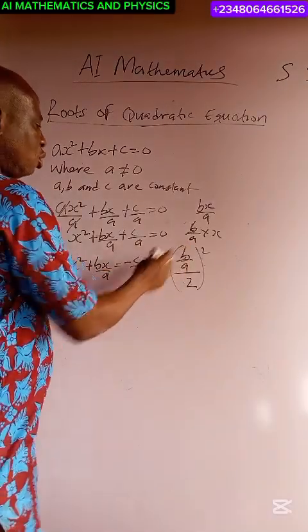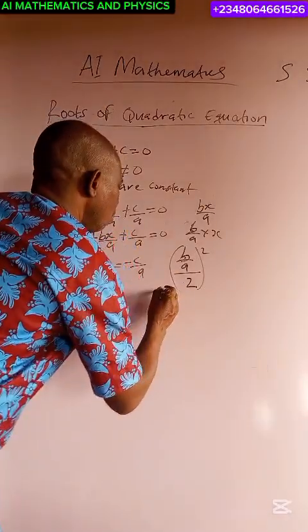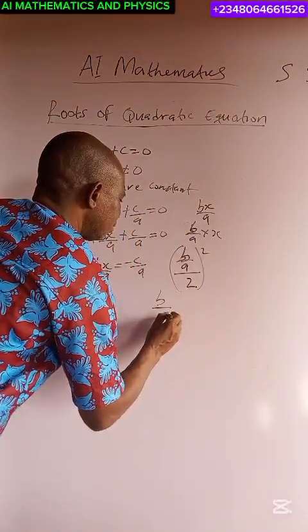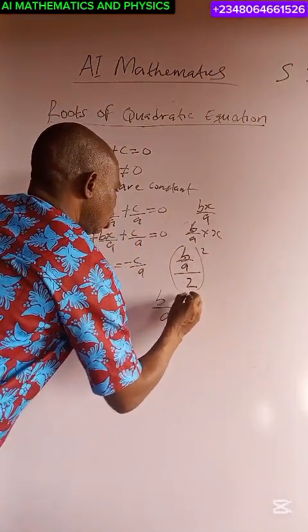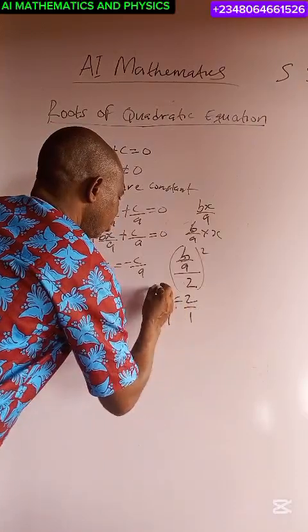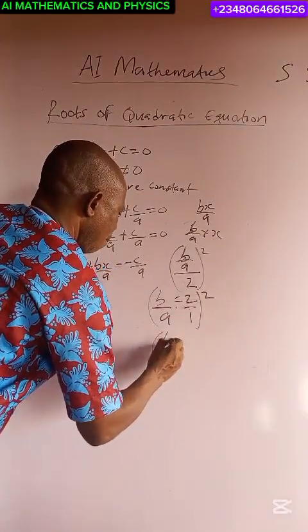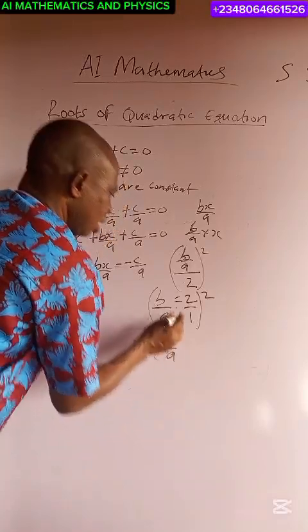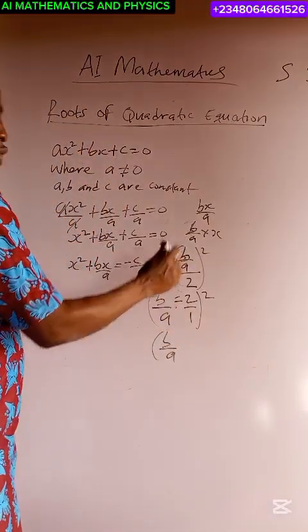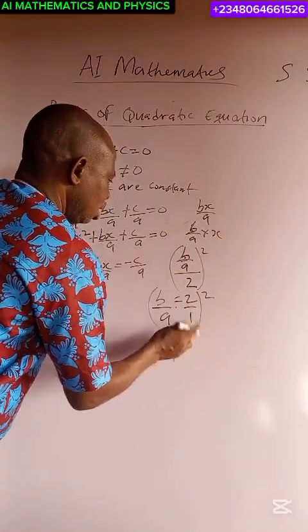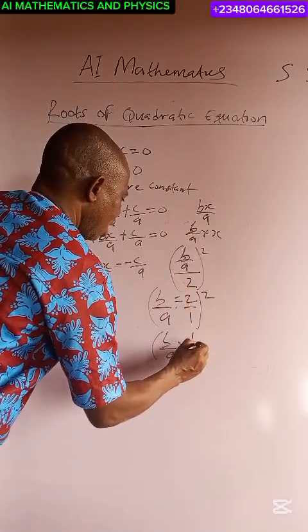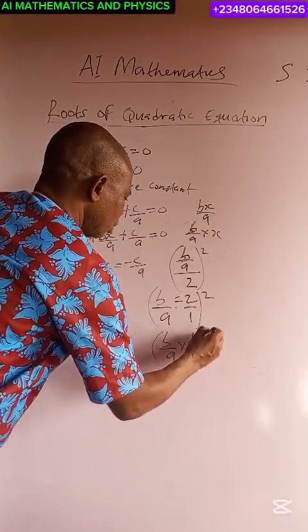Then we do justice to this one: b over a divided by 2 over 1, squared. This division sign, you change to multiplication, so the 2 goes down: 1 over 2, squared.